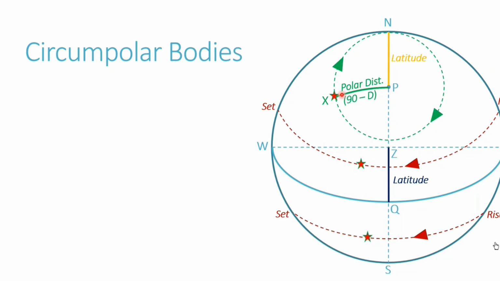P to X represents the polar distance of this circumpolar star, and it is always equal to 90 minus declination. So polar distance in this case, which is 90 minus declination, is shown in the diagram.